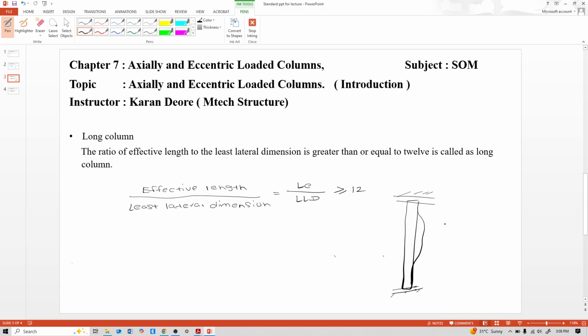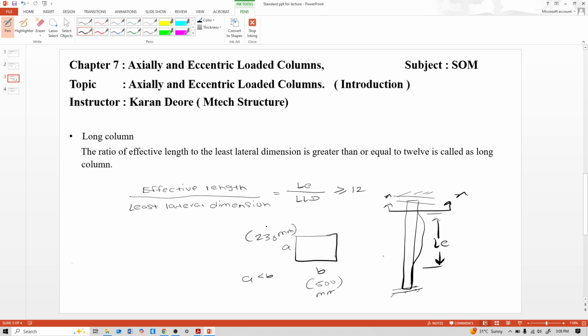Between the points of contraflexure this is LE. The least lateral dimension: if we take a section XX here, the column has dimension A and dimension B, and A is less than B. Let us consider this as 500 mm and this as 230 mm.